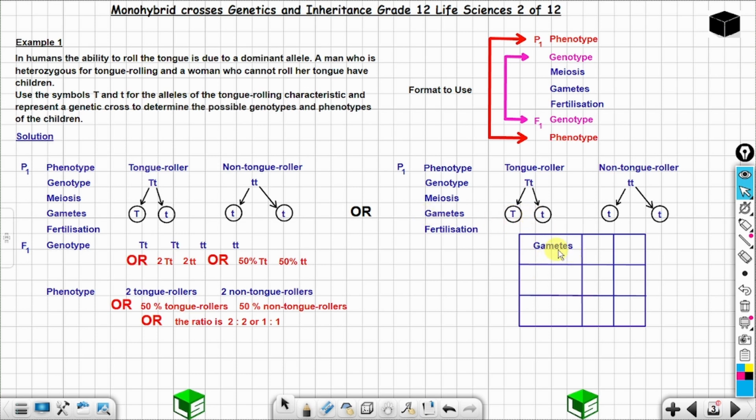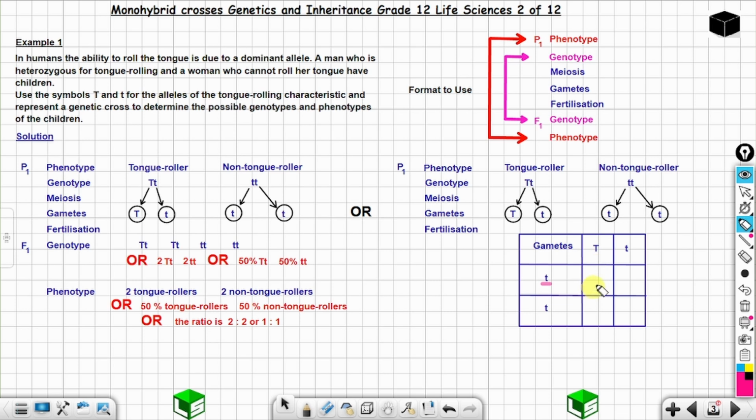You have the gametes from one parent, and this side you have the gametes from another parent. Okay, this is one parent and this is another parent. Okay, now you are going to cross them, this and this. Okay, you start, let me show you. You start with this, you cross with this.